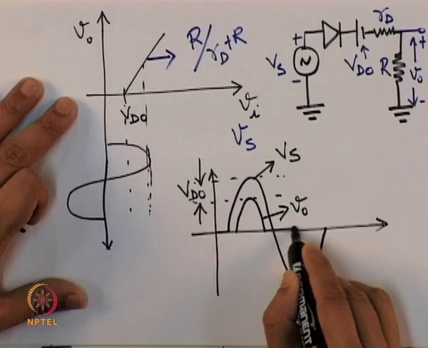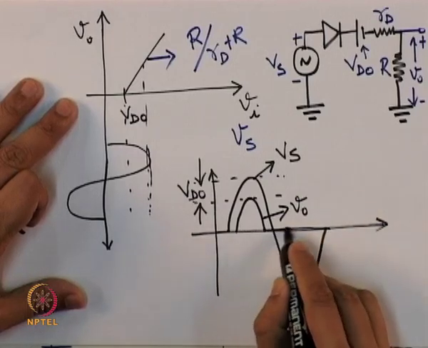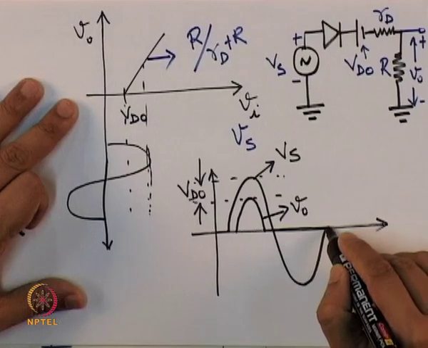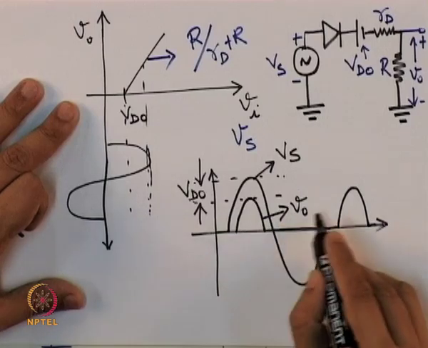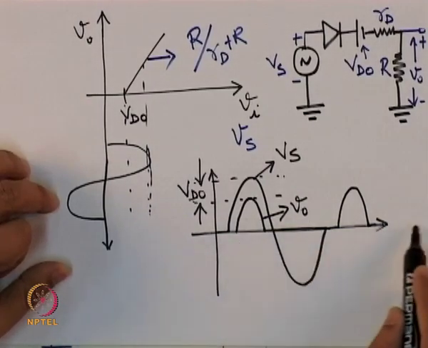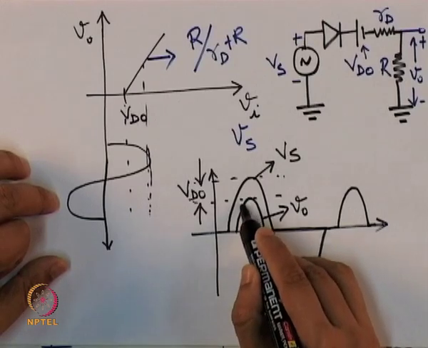And of course, after this we will again get a 0 voltage, and then after some time we will get again the repetition of this curve. This is how it will repeat.